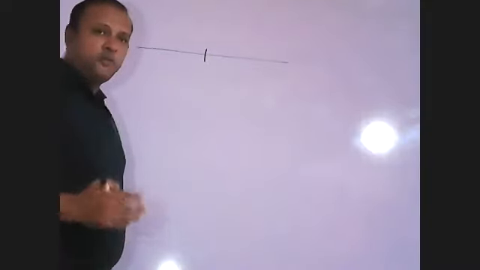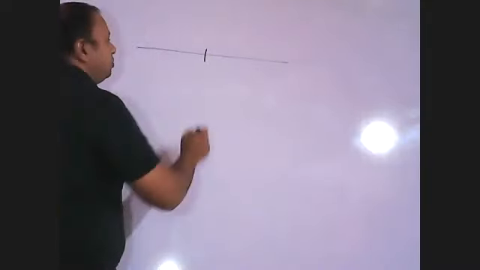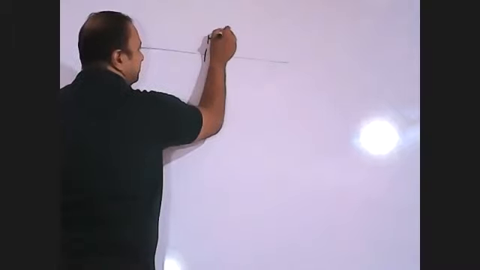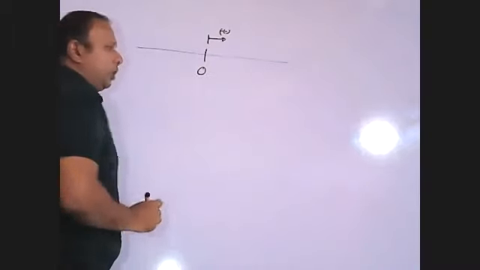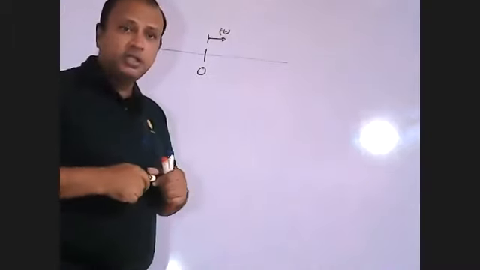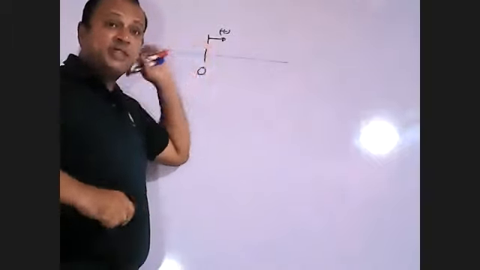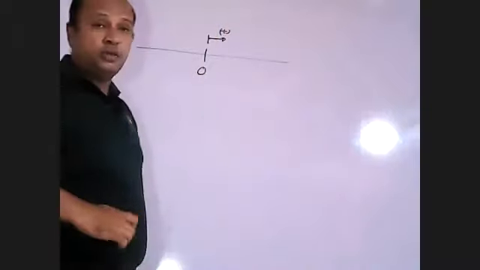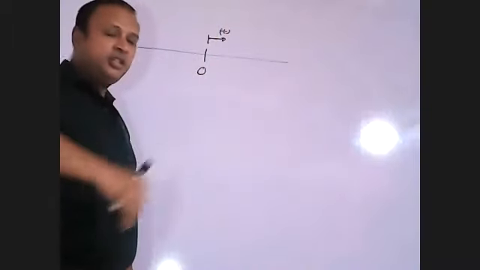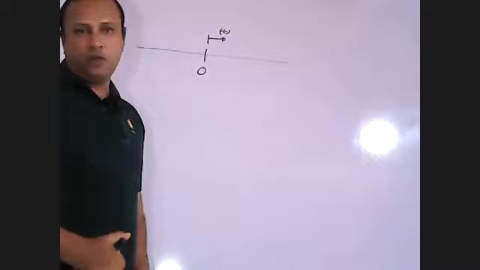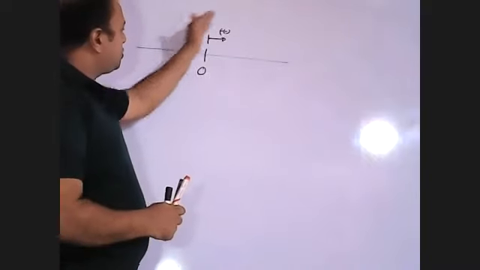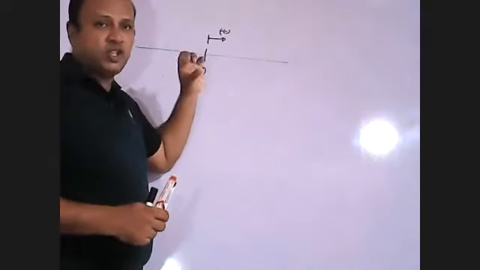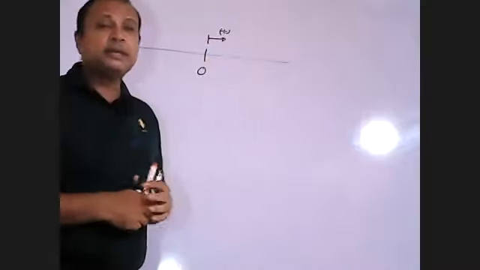That is our first precaution. The origin or the starting point and the positive direction, those two things we should define before describing any linear motion. With respect to these two, we are going to describe a linear motion.